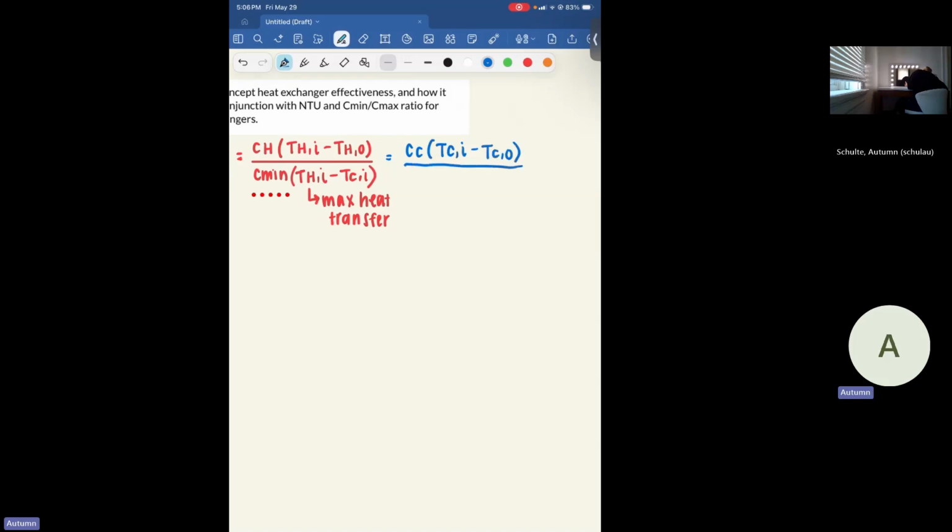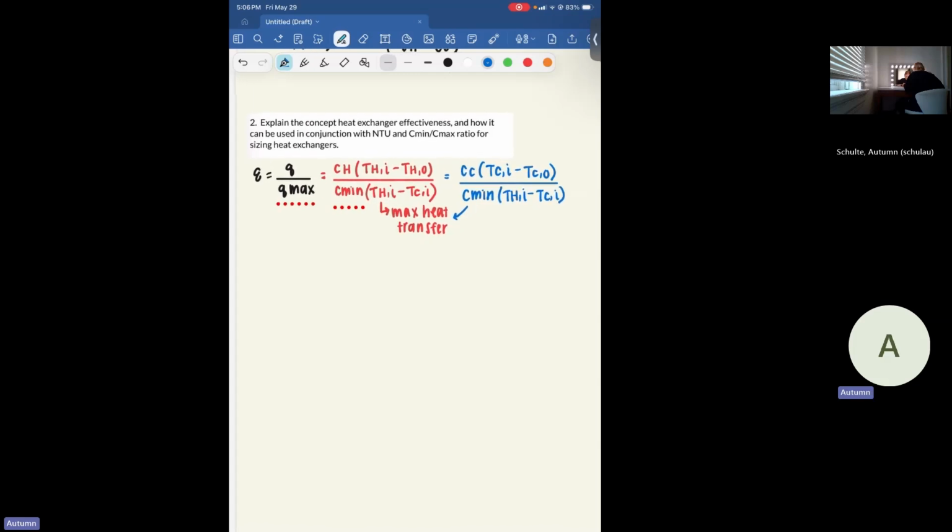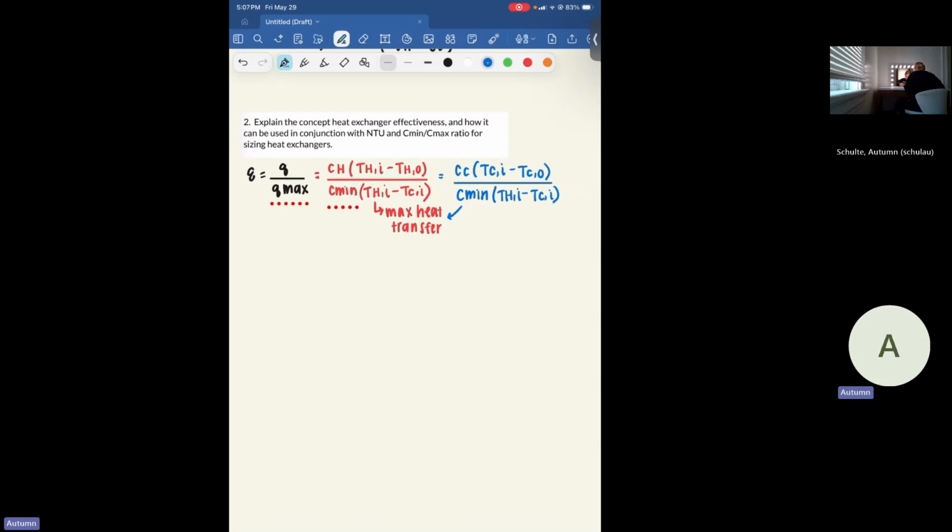Once again, this is going to be divided by that minimum mass flow rate heat capacity value multiplied by the temperature of your hot stream going in minus the temperature of your cold stream going in. Once again, that's your greatest temperature difference, offering you the greatest amount of heat transfer. So again, this value in the denominator here is going to be your max heat transfer.